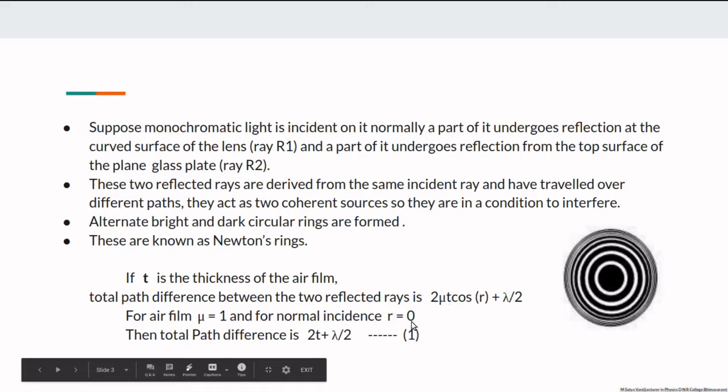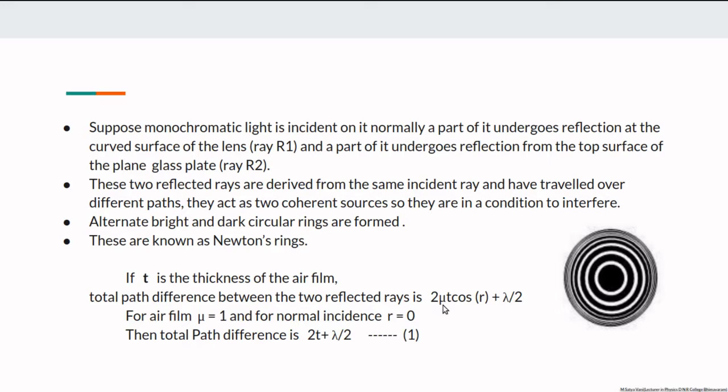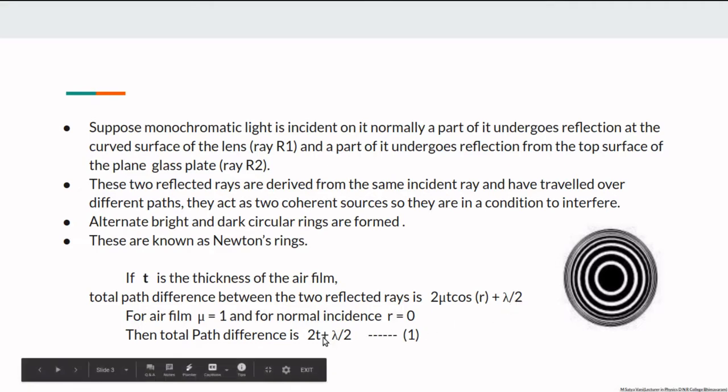When r is equal to 0, we know that cos r is equal to 1. Then this equation becomes 2 into 1 into t into 1 plus lambda by 2, that is equal to 2t plus lambda by 2. That is the total path difference in the case of Newton's rings experiment.